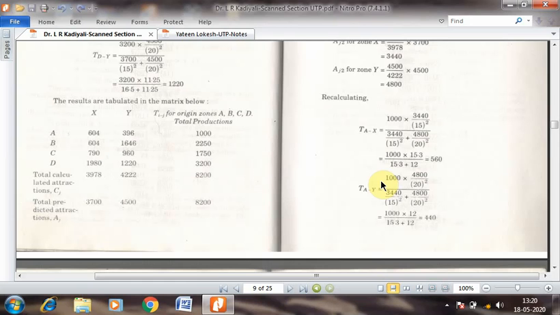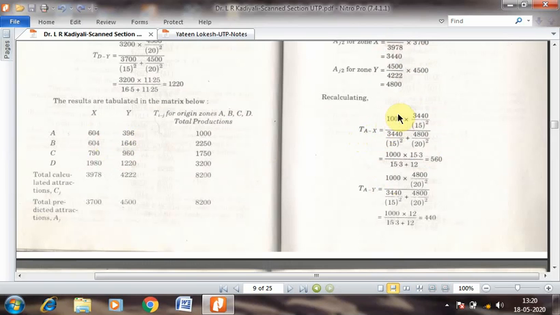Okay, the iteration needs to be initiated. So with these new adjusted factors, I'll be resolving the contents. The same steps that you followed in step 1, where you calculated all these different elements, need to be repeated here. So ta2x is equal to 1000.